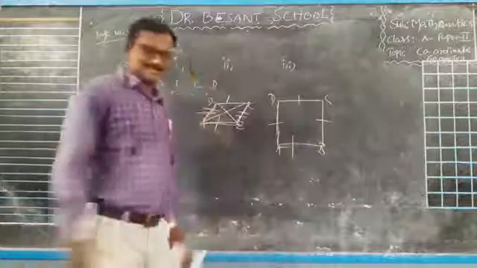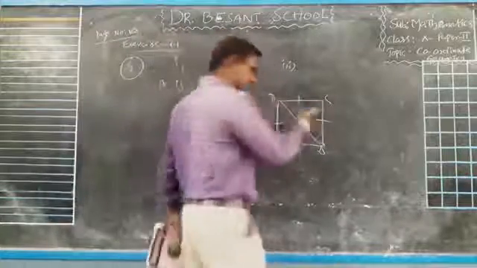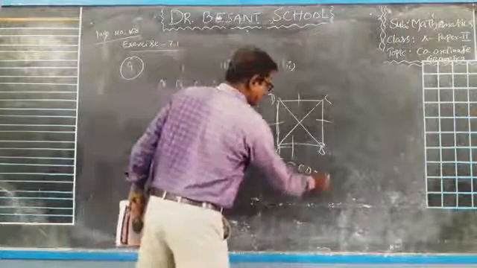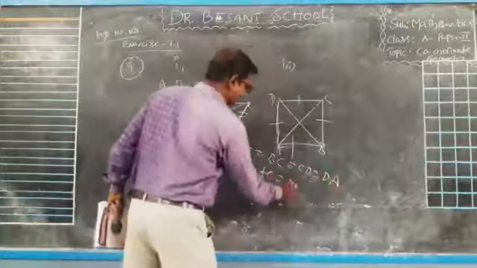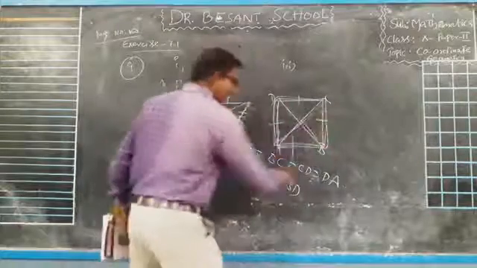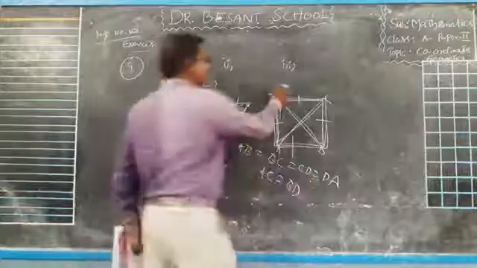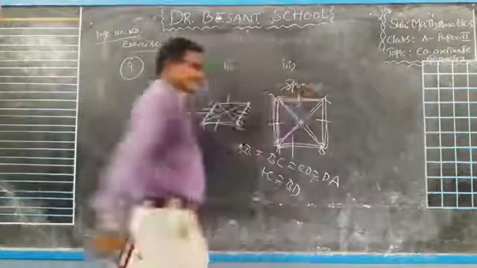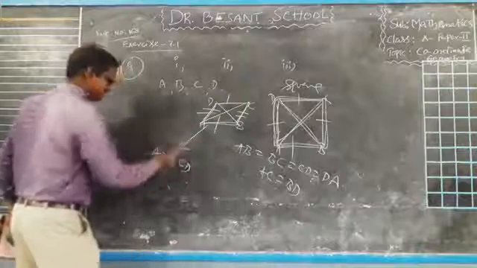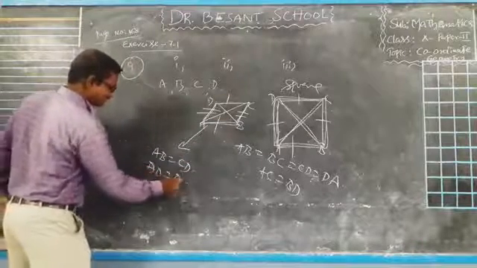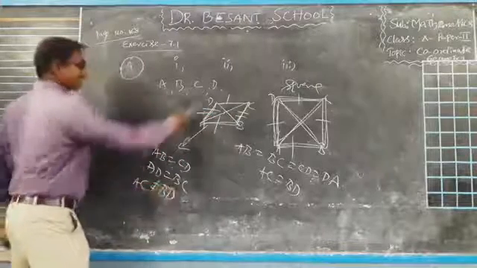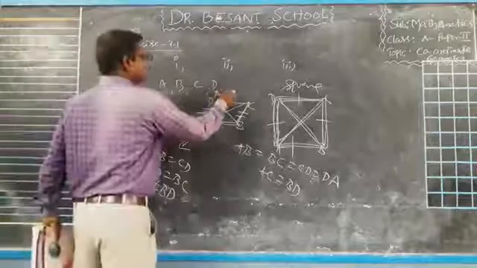If all 4 sides are equal, AB equal to BC equal to CD equal to DA, and also diagonal AC equal to BD, then you say it is a square. For a parallelogram, AB equals CD and AD equals BC, opposite sides are equal, and diagonals AC not equal to BD, then you write it is a parallelogram.